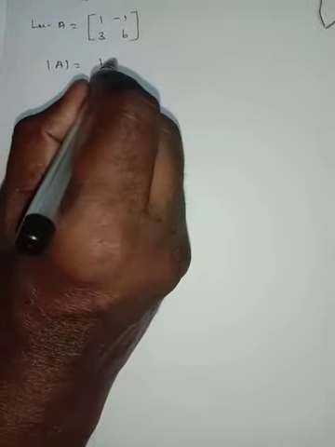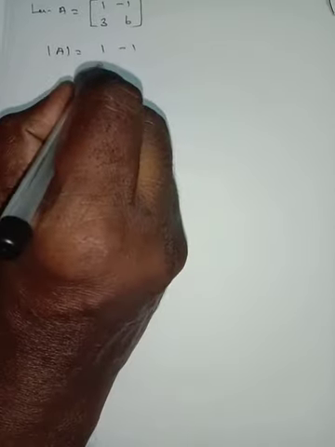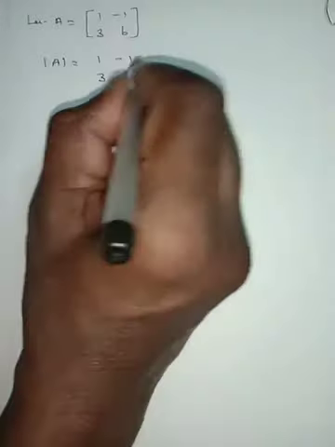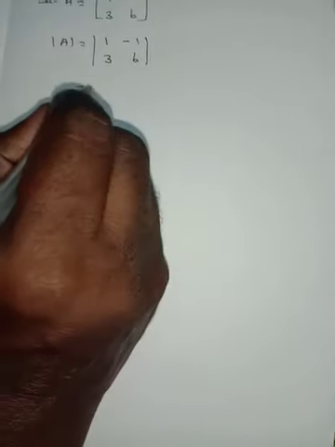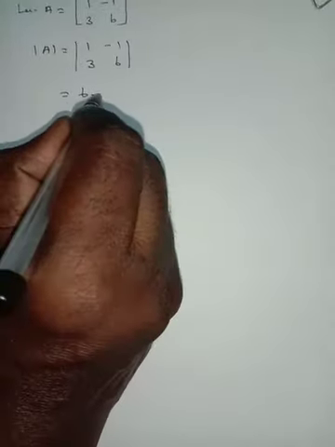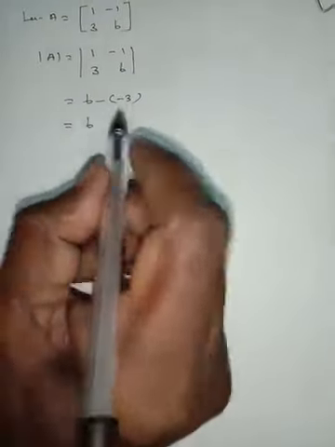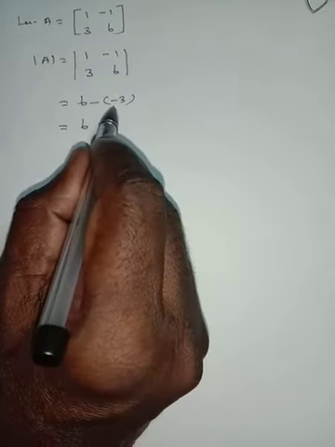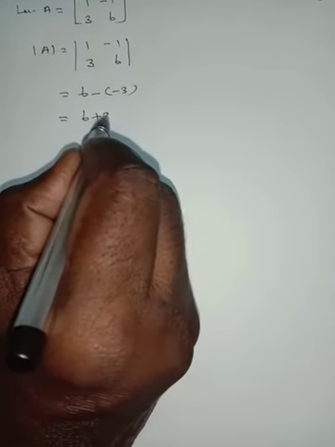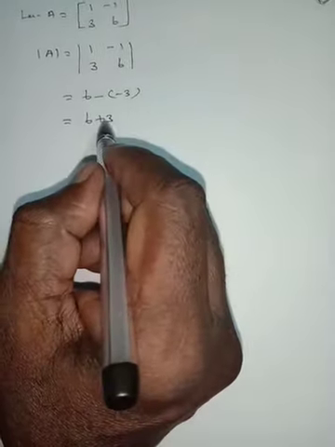Determinant of A is equal to 1 minus 1, 3 6, which is equal to 6 minus of minus 3, that is 6 plus 3, which is equal to 9.